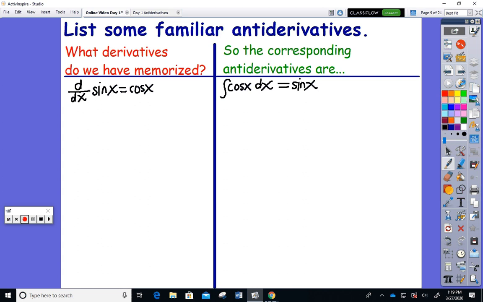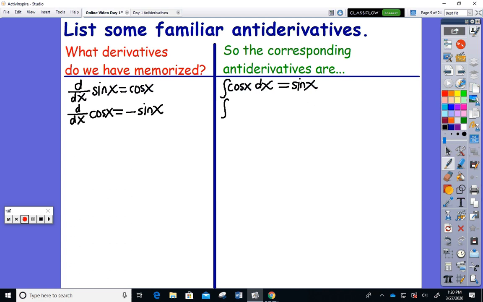So I always have to double check these because the derivative of cosine x is negative sine x. So I know I get those negatives when I take derivatives of whether it's cosine, cosecant, cotangent. So I have to be careful when I'm doing this with antiderivatives.